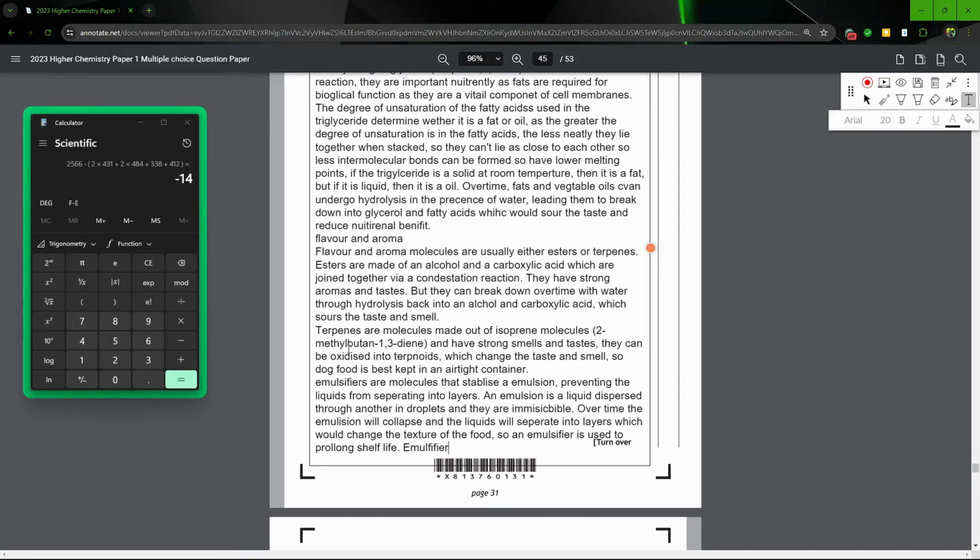Emulsifiers are mono or diglycerides. So they have a polar head that dissolves in the polar liquid and a non-polar tail which dissolves in the non-polar liquid.